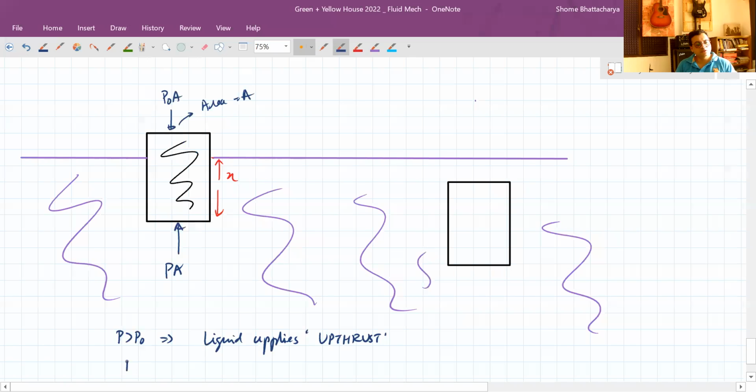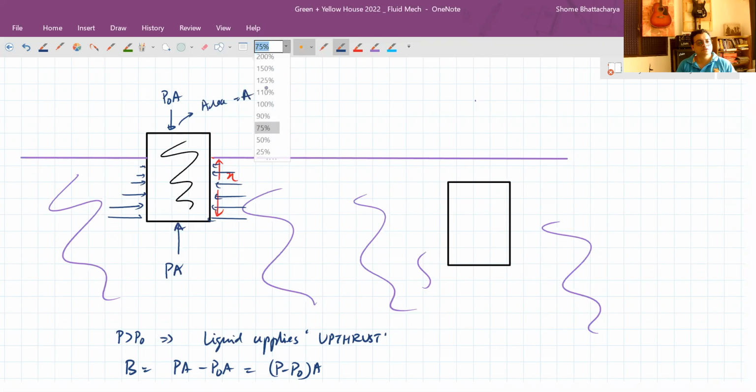So the buoyant force is actually this quantity. So it is this pressure difference into the area of cross section. Of course, the force due to pressure from these sides will cancel. Horizontal components will cancel. So the net force due to pressure that is acting is only the upthrust.